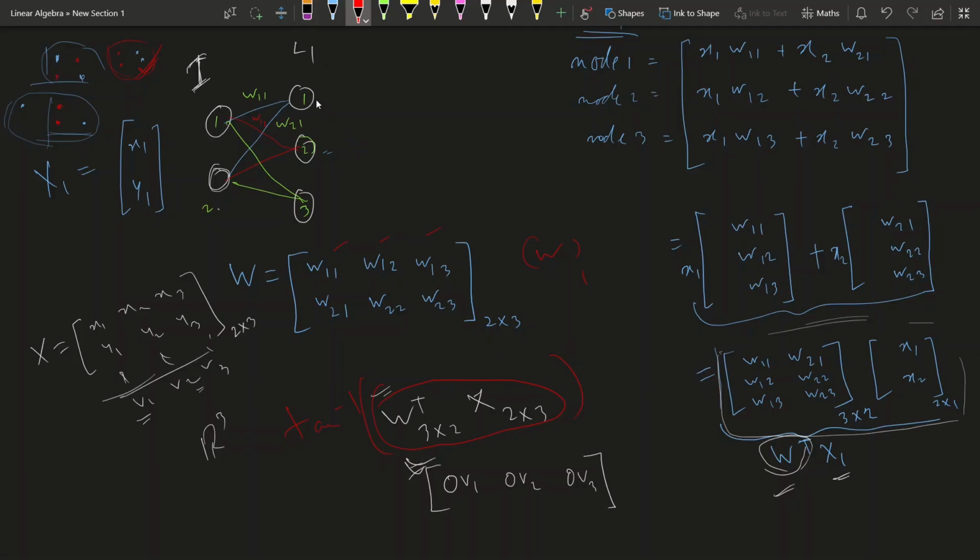And if you add another layer to it, let's say 2 nodes like this, then this will have its own weights. Let's say weight 2, right? So what you will do is you will multiply the transpose of this weight matrix with the output of layer L2. So this is the output of layer L2, this one.